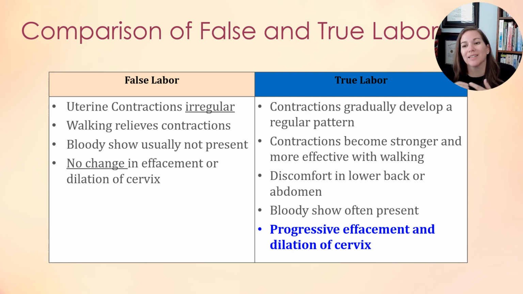However, if she's trying to decide whether to come into the hospital and be checked or whether to wait a little longer at home, the rest of these are an indication of whether you're in true labor, possibly, or if it's definitely false labor. Okay. False labor contractions are irregular.